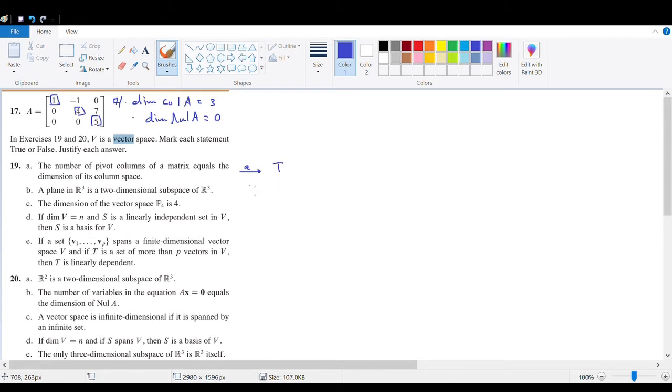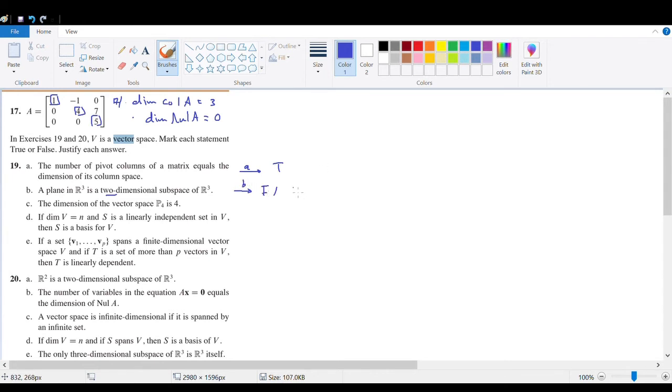Then B, a plane in R3 is a two-dimensional subspace of R3. This one is false because the plane must pass through the origin to be a two-dimensional subspace. So B is false.